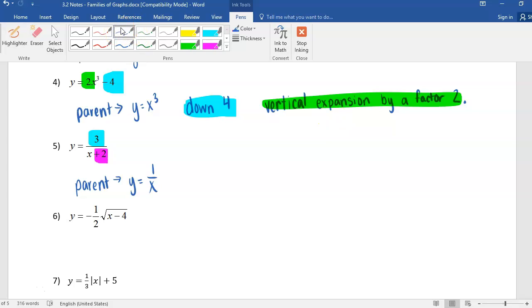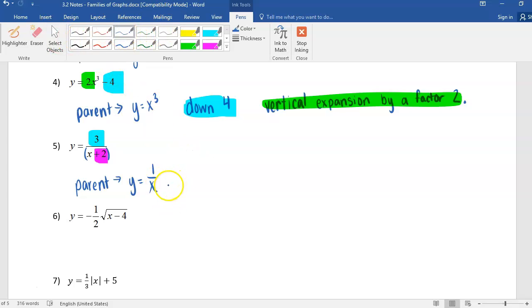I do need to tell you, for rational functions, rational functions are a little bit like square roots. They don't have parentheses, but if they did, they would be down here on the bottom. So if something is in the bottom, it's like it's in the parentheses. If it were not, it would look like this, 3 over x plus 2. It'd be over here, not in the denominator. So you could pretend like there's parentheses around that denominator there.